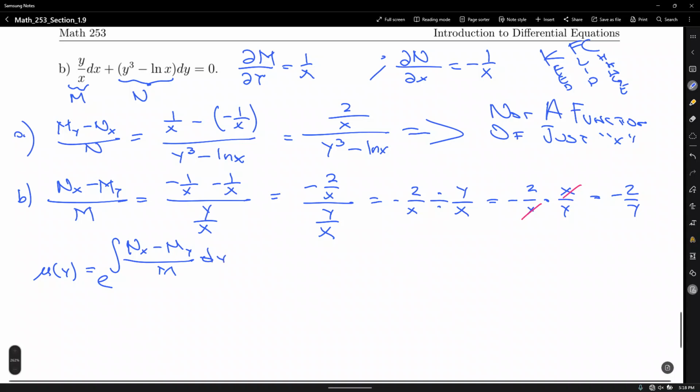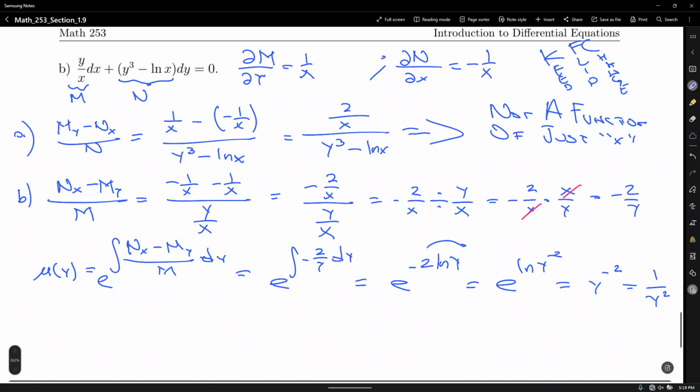What did we get? e to the integral of negative 2 over y dy, which is e to the negative 2 ln of y. We can cancel: e to the ln of y to the negative 2 is y to the negative 2, or 1 over y squared. That's going to be our integrating factor.